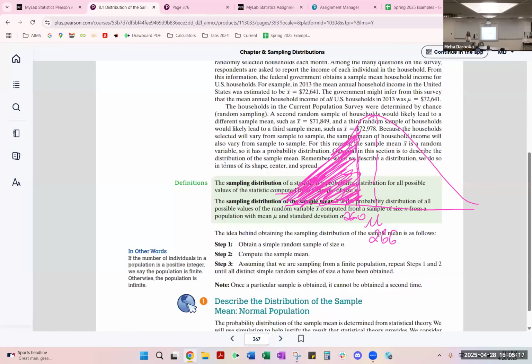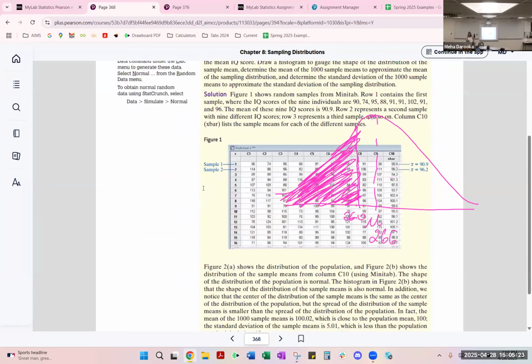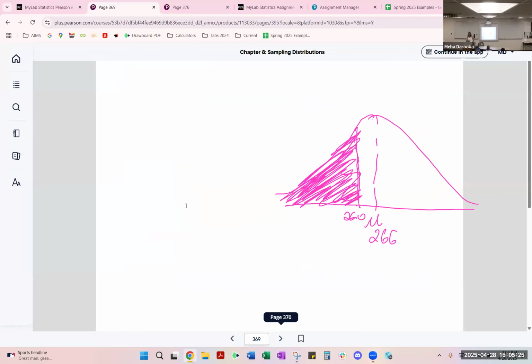So what do we need to do here, guys? We just talked about this before we looked at this example. Let me show it to you.